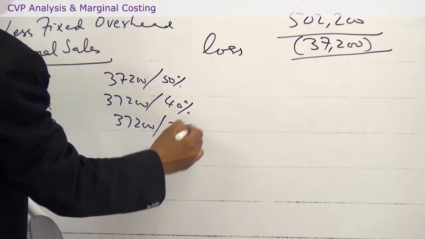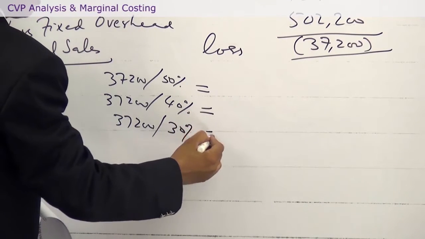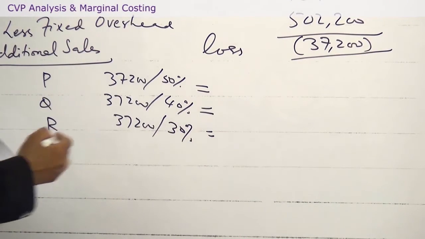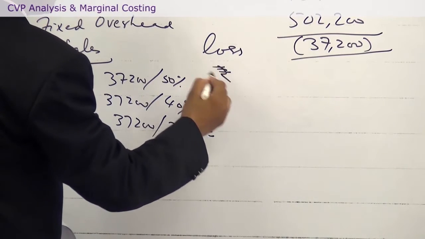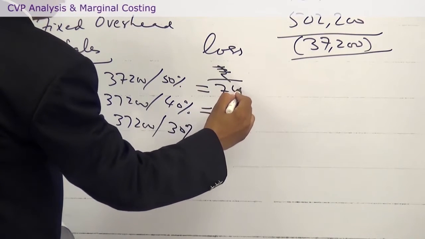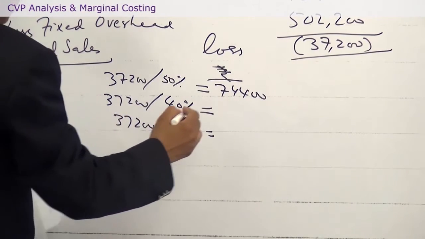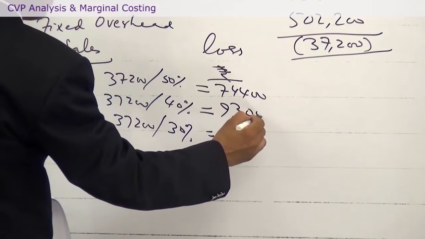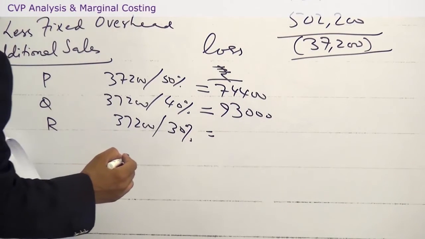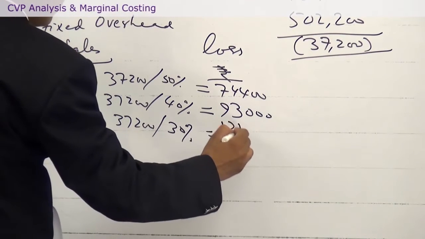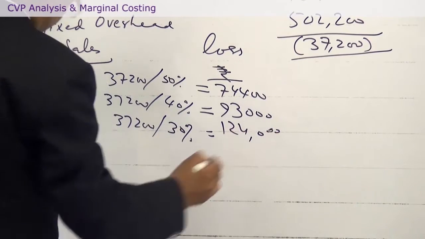What is here? 30%. So, when you solve, this becomes rupees 74,400, this becomes 93,000, this becomes 1,24,000.